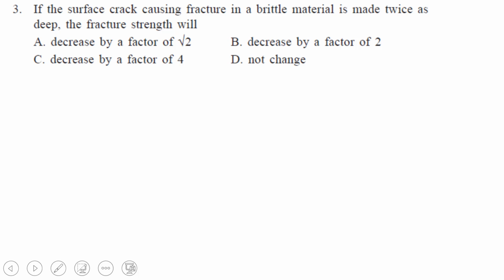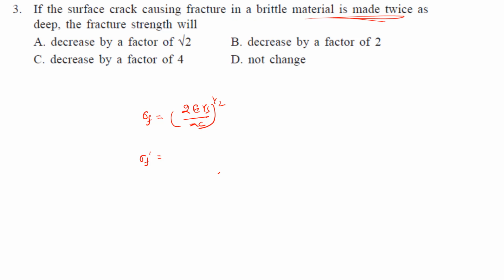If the surface crack causing fracture in a brittle material is made twice as deep, the fracture strength will be? This is also based on the formula 2E gamma s by pi c. So this is the first case. Let us take the second case where we make the surface crack twice, so it will be (2E gamma s by pi 2c) to the power half.